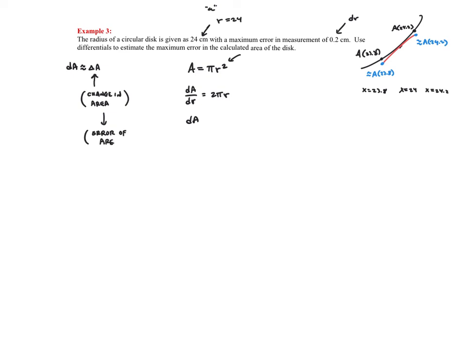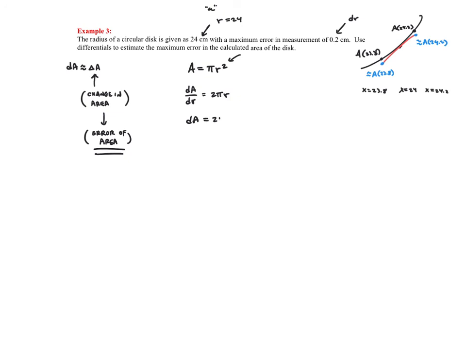Let's say that 10 times. This is the error of the area, right? Because it was intended for these disks to be 24 centimeters in radius. But instead, it could be up to 24.2 or down to 23.8. So this is going to represent our error in area.